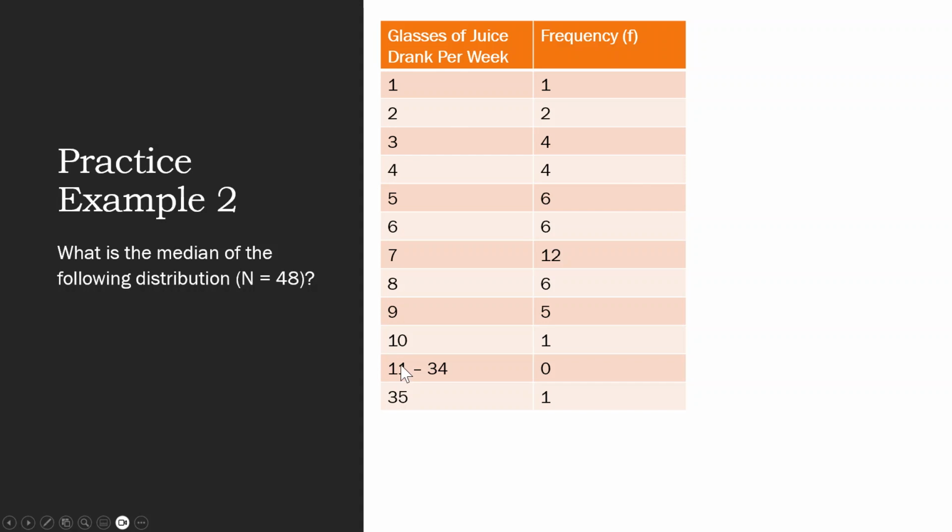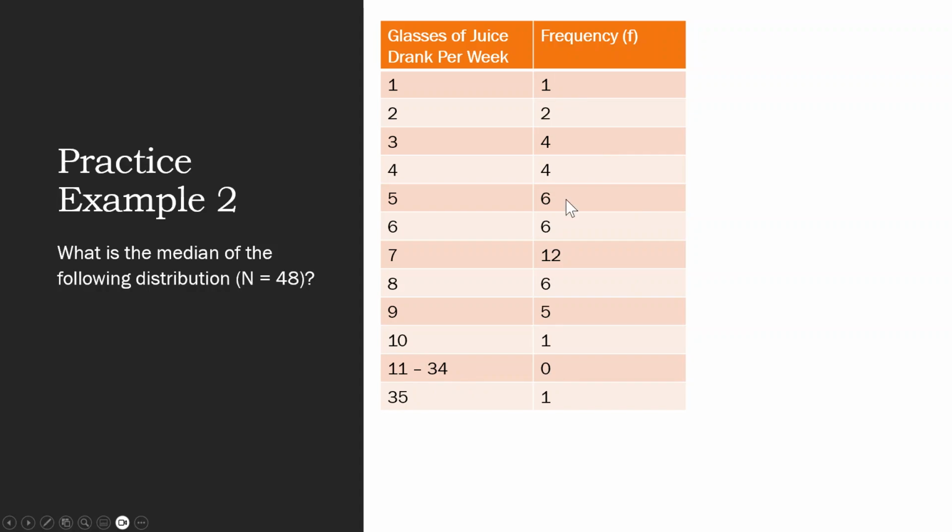So instead of having 11, there were 0 individuals that drank between 11 and 34 glasses of juice in that week, right? So instead of having 11 through 34 on separate lines, all with the value of 0, we just group them together to consolidate our table, which is perfectly fine.